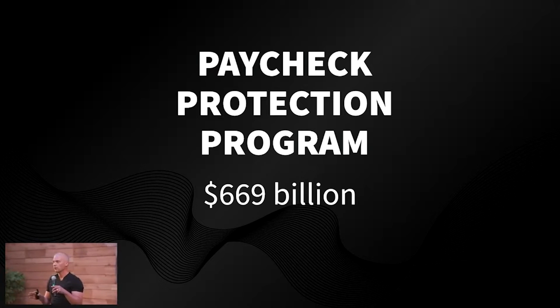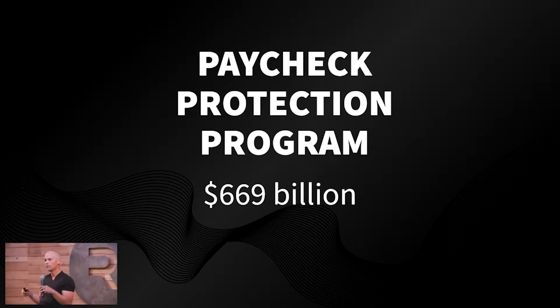If you think about it, as the government's trying to figure out how to get money into the hands of small businesses, they needed a way to scale that, right? So what did the government do? Who's really good at getting money to small businesses? Banks, financial institutions. That's what they do.